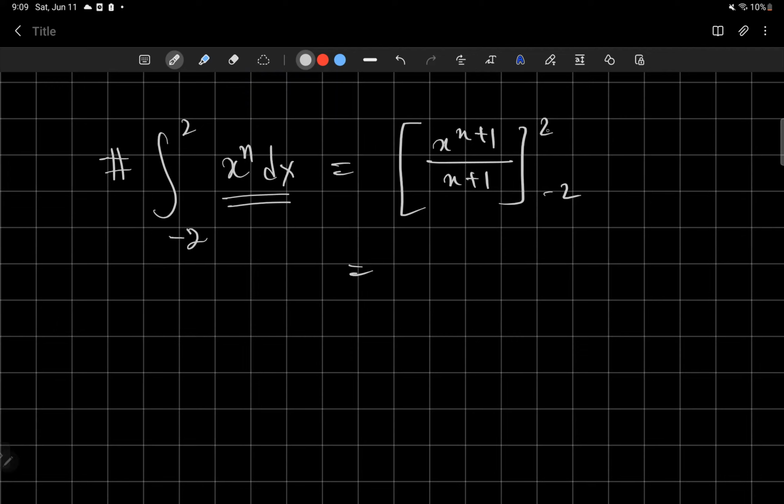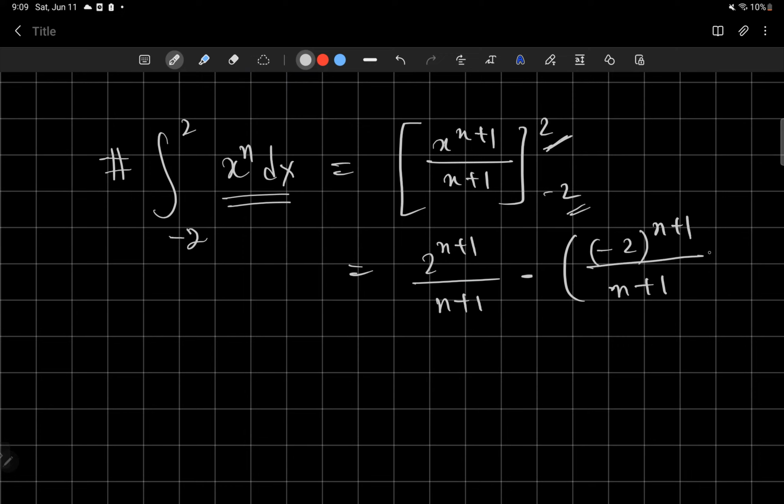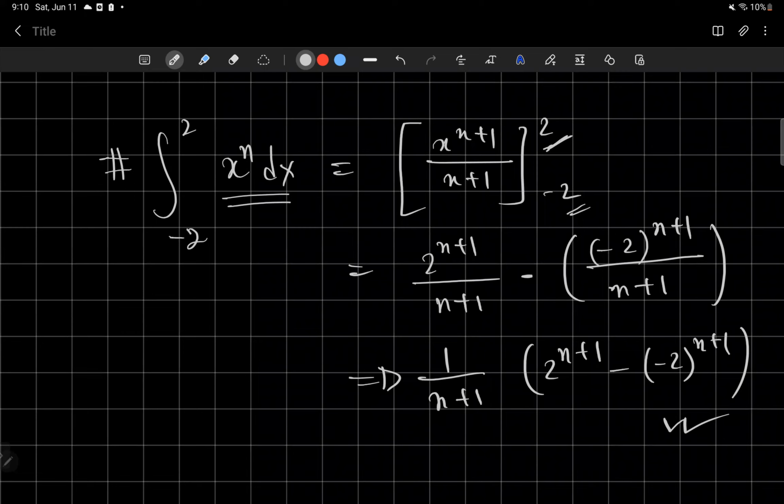The upper limit is 2, so this is 2 to the n plus 1 divided by n plus 1. Then you put a minus sign and write this whole thing, but this time using the lower limit, so minus (-2) to the n plus 1 over this. The resultant thing is just 1 upon n plus 1, times 2 to the n plus 1 minus (-2) to the n plus 1. You just put in the values. That's it. That's how you do definite integrals.